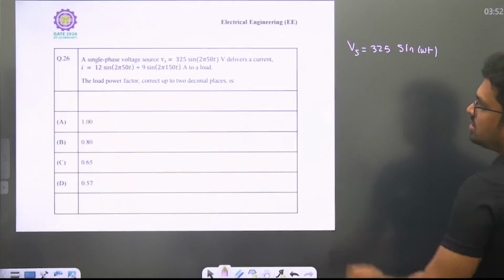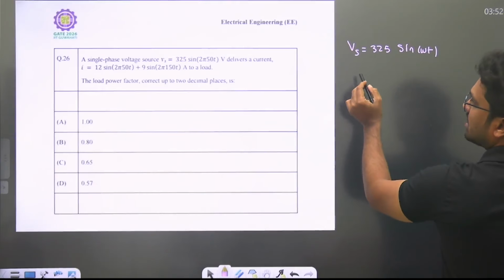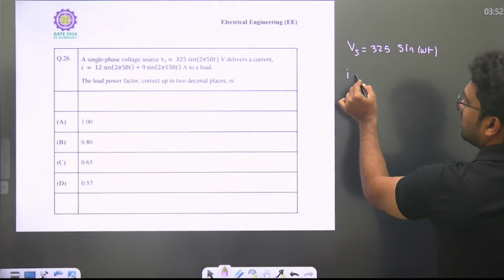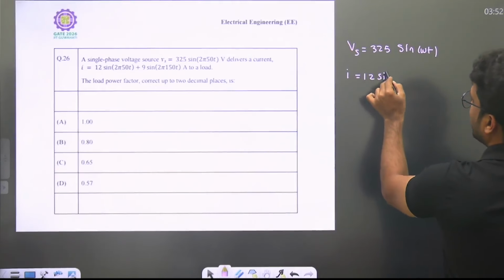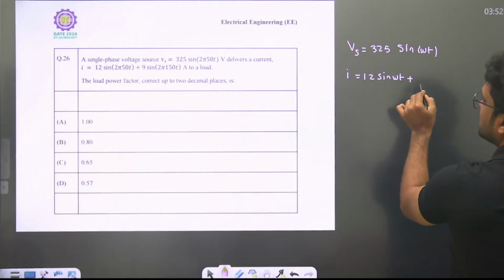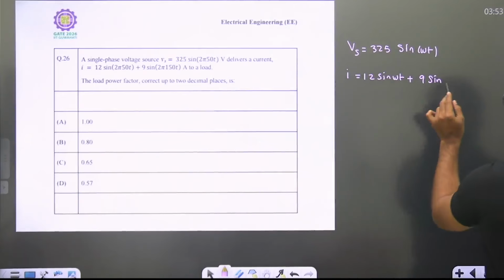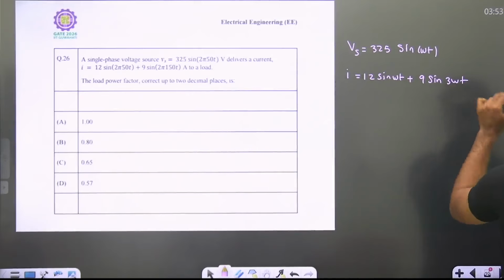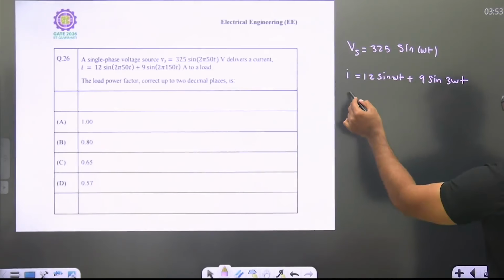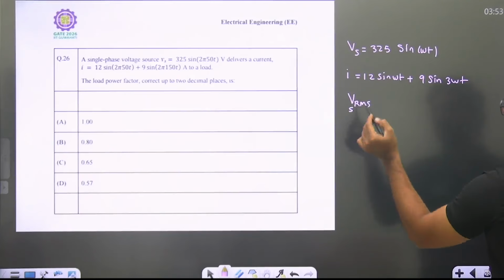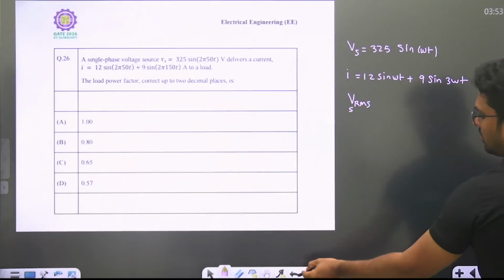Similarly, I equals 12 sine omega t plus 9 sine 150, so 3 times, 3 omega t. A harmonic is present.